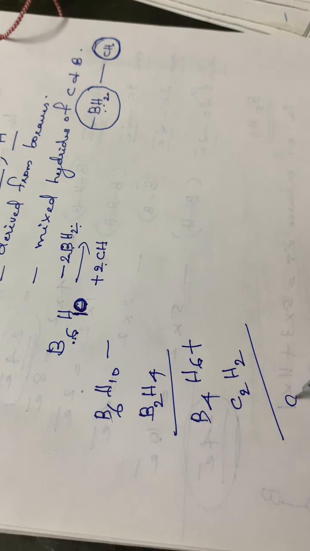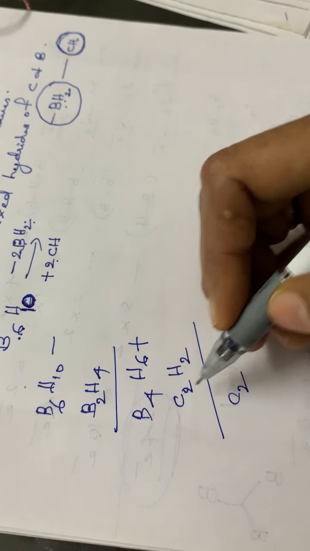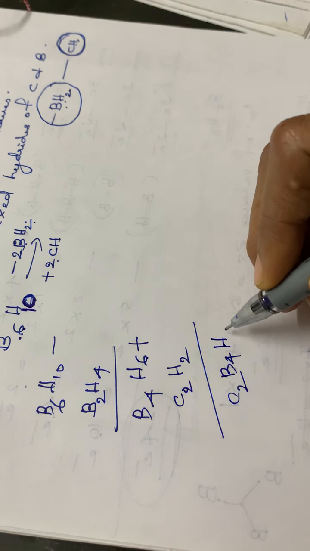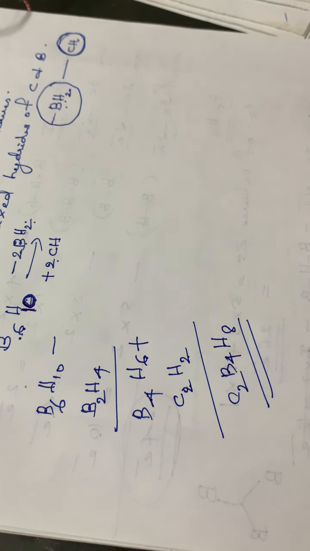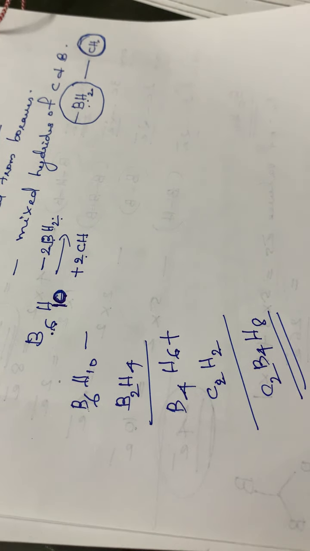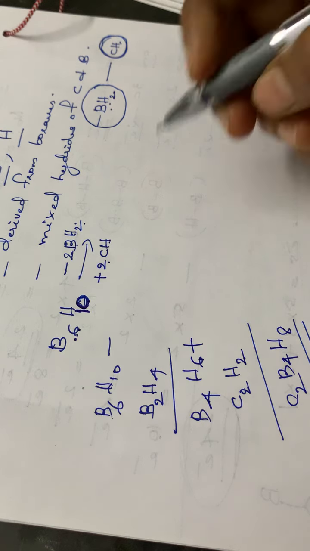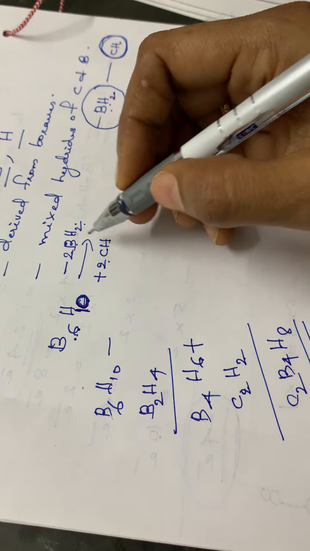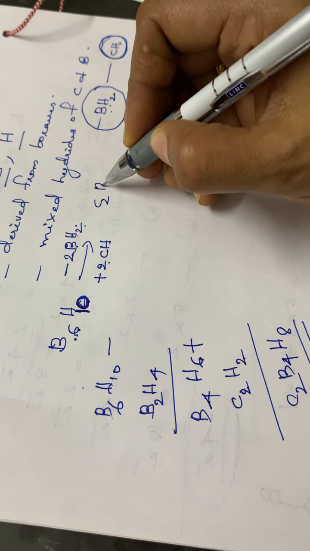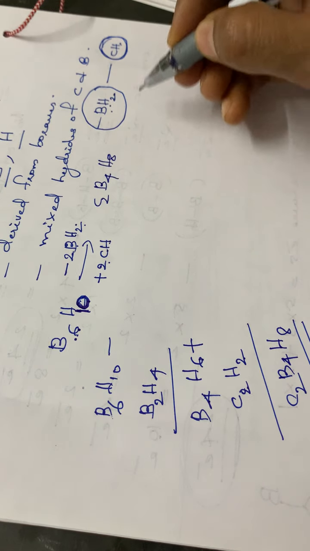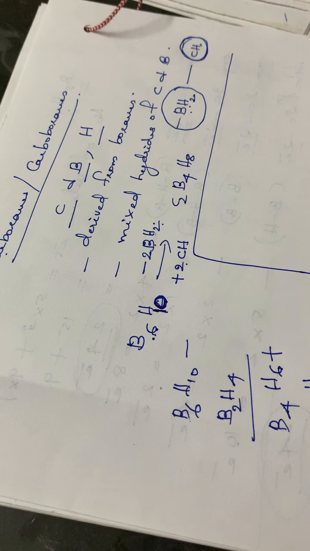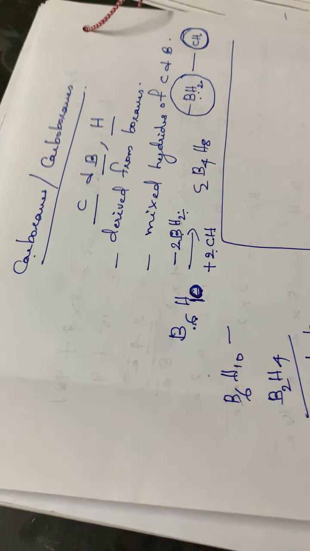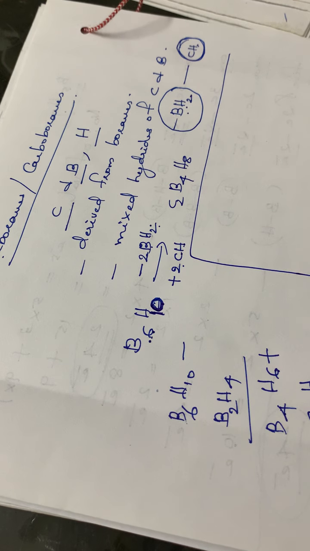So we will have C2B4H8. This is how we replace BH2 units by CH units, and this is the process of obtaining carboranes.